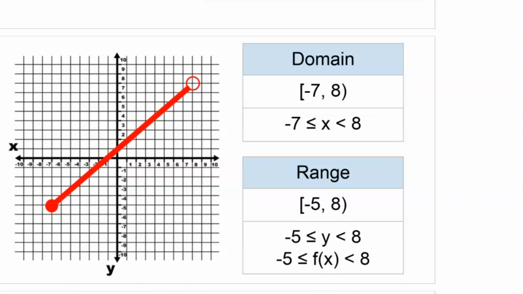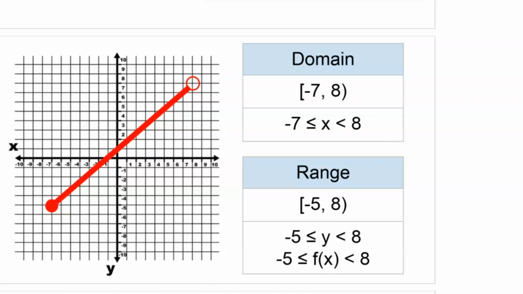And then the range is looking at the y values. So now we're going from the bottom to the top. So if you go to the very bottom of the graph, that goes down to -5. And again, it is a closed circle, so it does equal -5. And then if we go up to the top of the graph, that goes all the way up to 8.